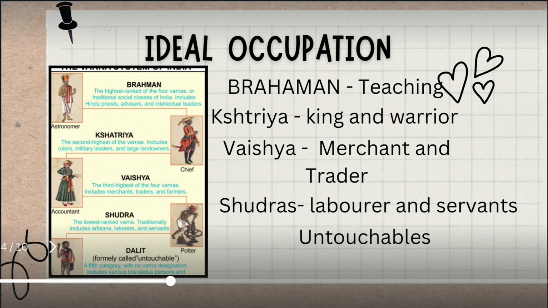This rests on a notion that certain activities, especially those connected with the performance of rituals, were sacred and by extension pure. It means Shudras can't perform the rituals. Those who considered themselves pure avoided taking food from Shudras and untouchables.